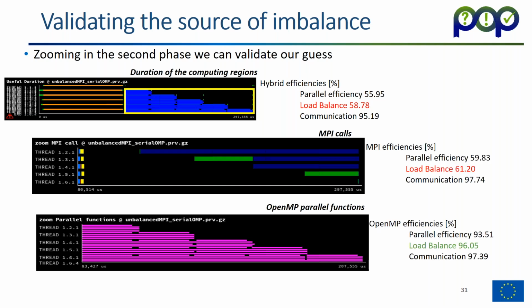And computing MPI and OpenMP efficiencies, I can see that the problem now is only in MPI and the OpenMP balance is almost perfect. So after this analysis, I can say, yes, I have a problem of imbalance in my code. The imbalance is in both MPI and OpenMP. First phase is OpenMP imbalance. Second phase is MPI imbalance.